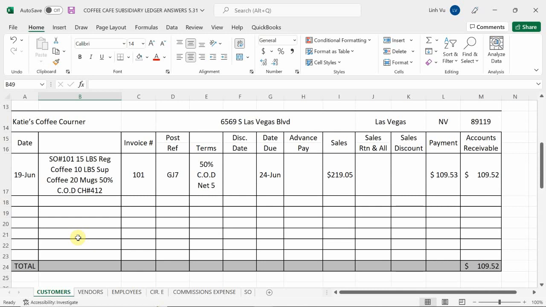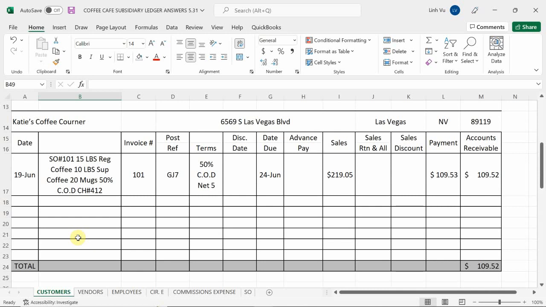Okay, so is her account on the accounts receivable? Yes. Okay, so in this case, she still owes us $109. Yeah, she still owes $109, right? You would definitely find that out through the invoice, which is right here, invoice number 101.